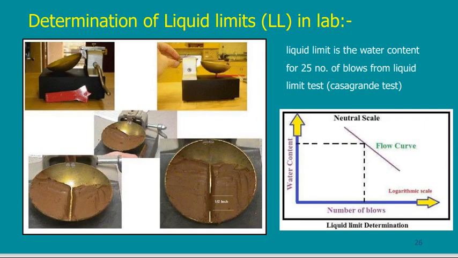One of the tests is a test to determine the liquid limit. You take the sample, put it in a bowl, and make a scratch in this sample. Then you use a device that shakes this sample by blows, and you count the number of blows.